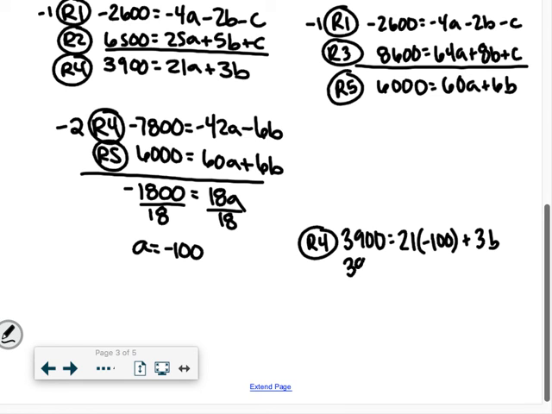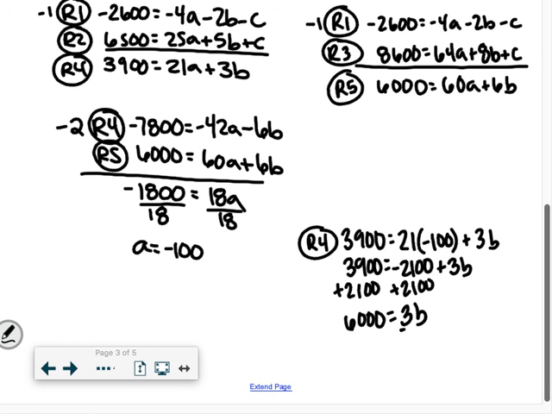So that's 3,900 equals negative 2,100 plus 3b. Add my 2,100. So am I at 6,000? Equals 3b divided by 3. And b equals 2,000.